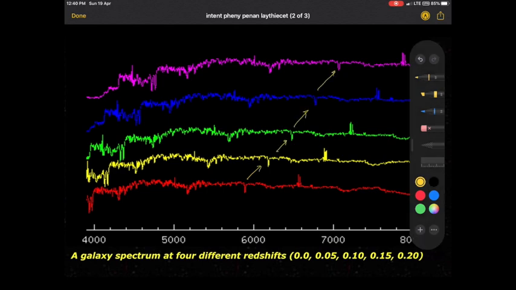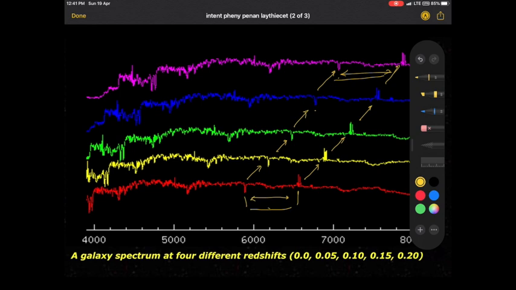So this line, for example, has moved there and then there and then there and then there. This line, for example, has moved there and then there and then there and then there. And you can see the amount of shift is different at different places. The shift is more here compared to the shift here.